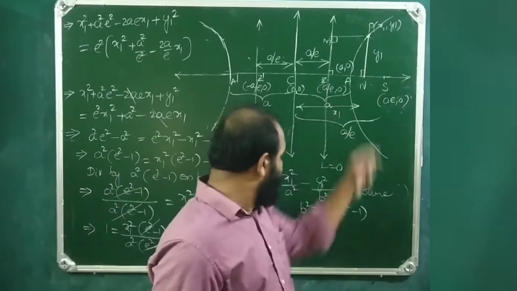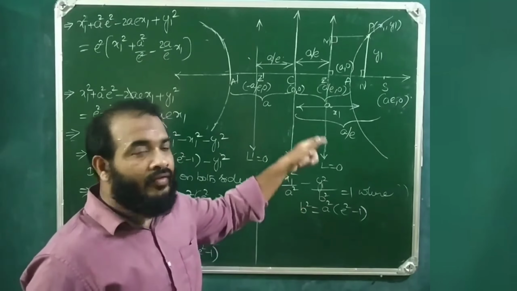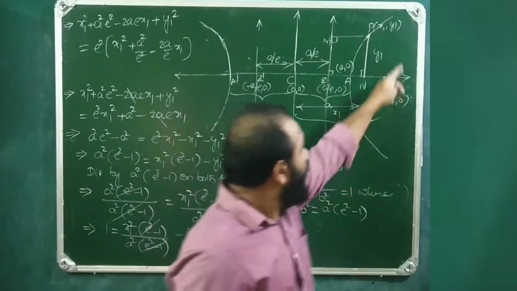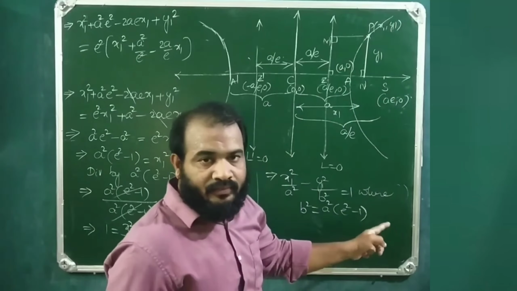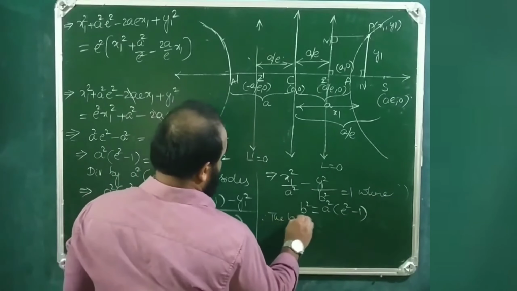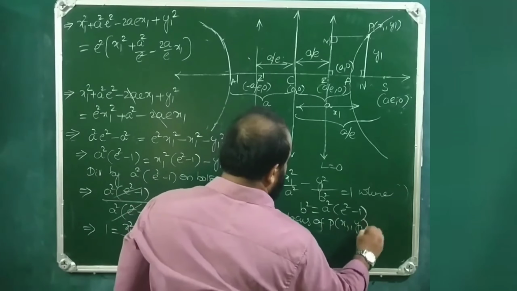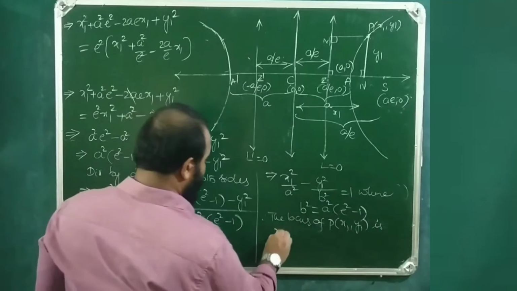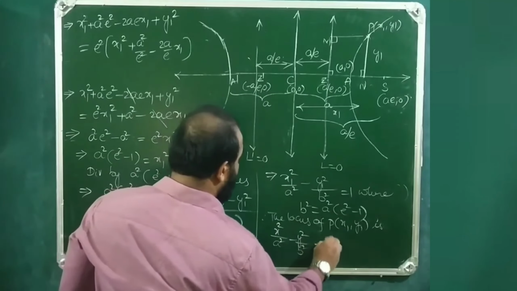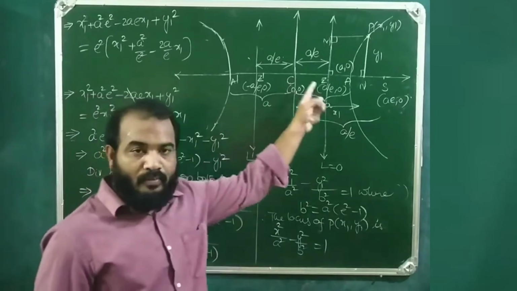This point is the path of one point in the plane. So for all such points, if you want the equation, then the locus of P(x1, y1) is x square by a square minus y square by b square equals to 1. This is the equation of the hyperbola.